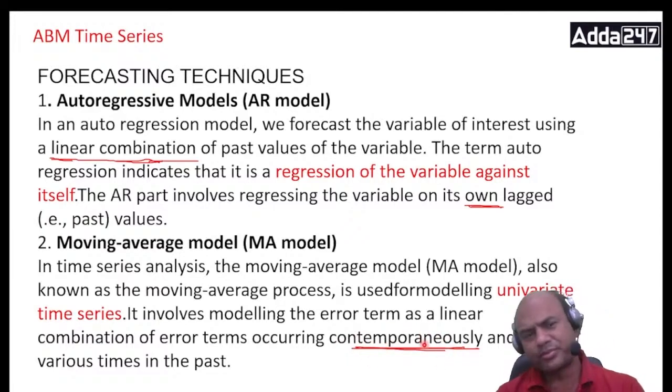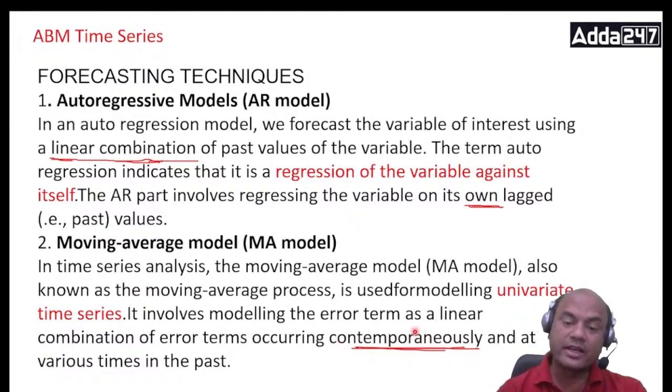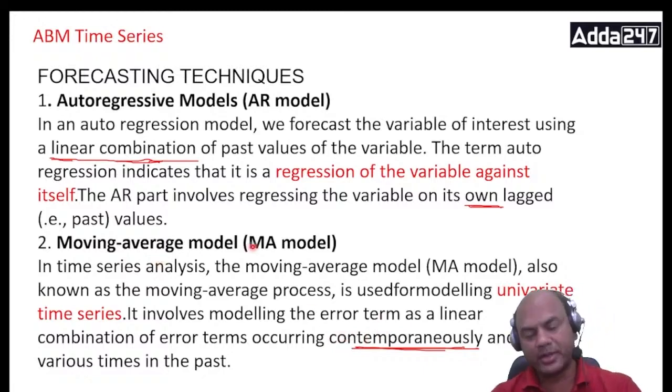It's a big word. It means the latest one. Whichever is the latest will get the highest weightage at various times of the period. So from exam point of view, remember auto-regressive means linear combination and own lagged values. Moving average means univariate, and if they give you this word contemporaneously, then it is MA.